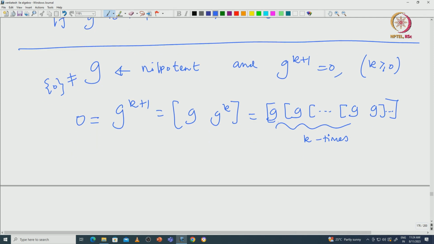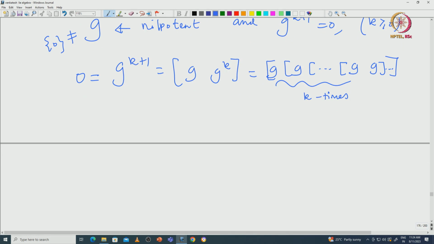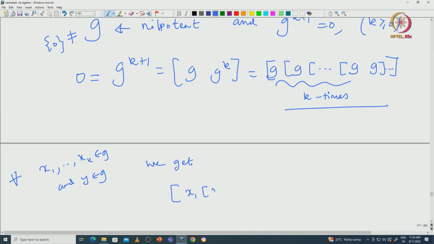So, for any x_1, etcetera, x_k in G and y in G, we get the bracket [x_1, [x_2, ... [x_k, y]...]] is 0.